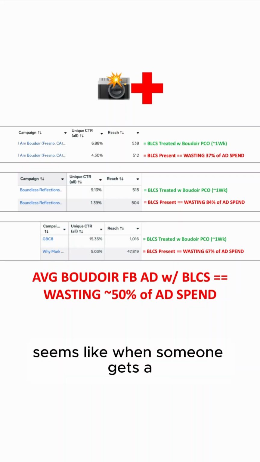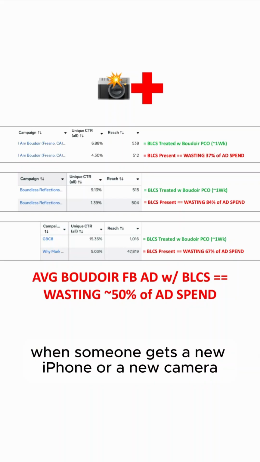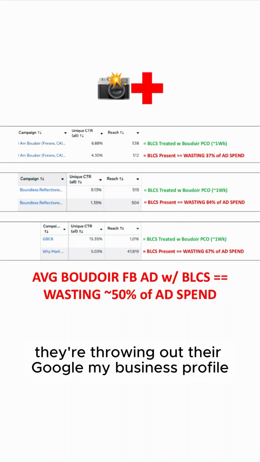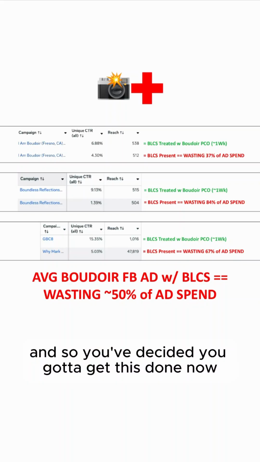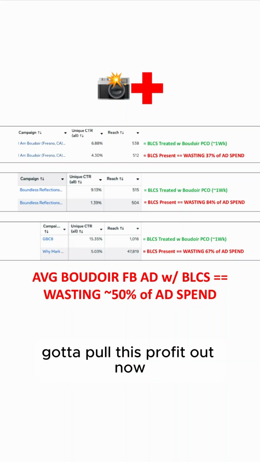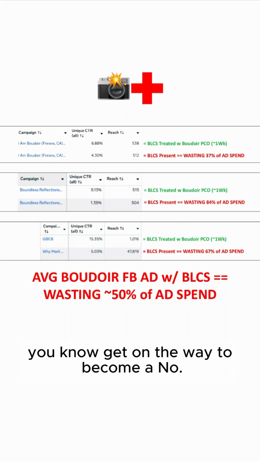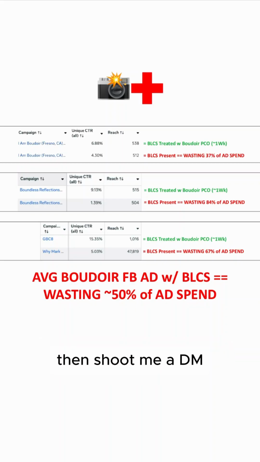Seems like when someone gets a new iPhone or a new camera, they're setting up their Google My Business profile. And so you've decided you've got to get this done now, pull this profit out now and become more efficient now, so you can get on the way to becoming the number one boudoir photographer in your city, then shoot me a DM.